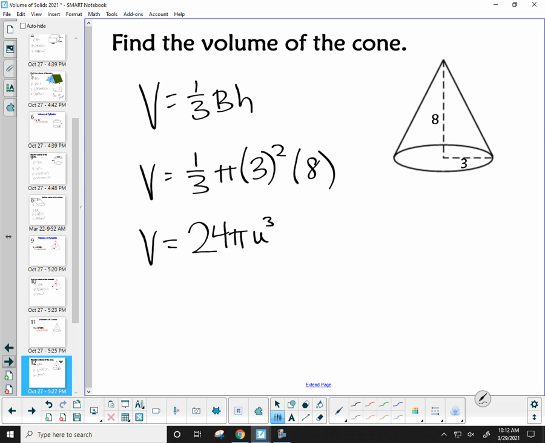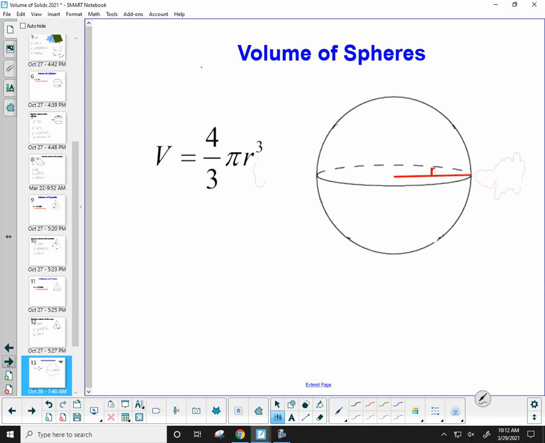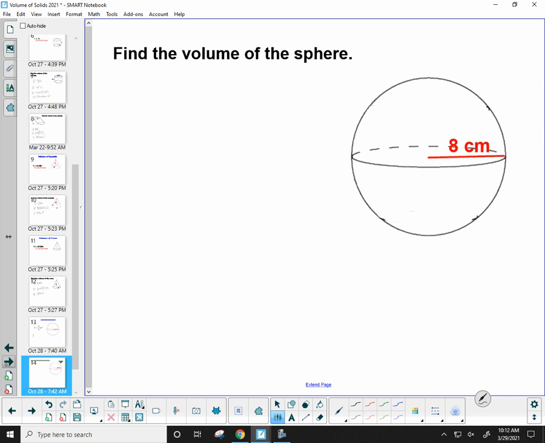All right. Last shape then is a sphere. Okay, so no bases on this one. So our sphere, the formula is the volume is 4/3 pi r cubed. 4/3 pi r cubed. So in this case here, my radius is 8.